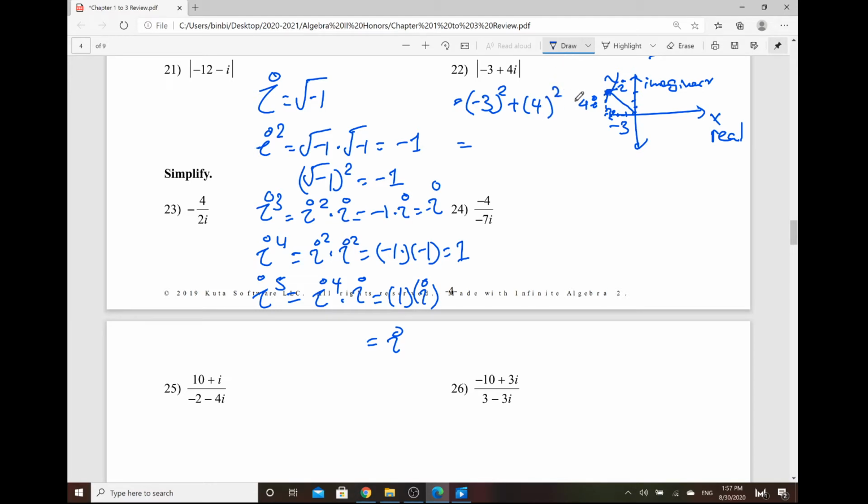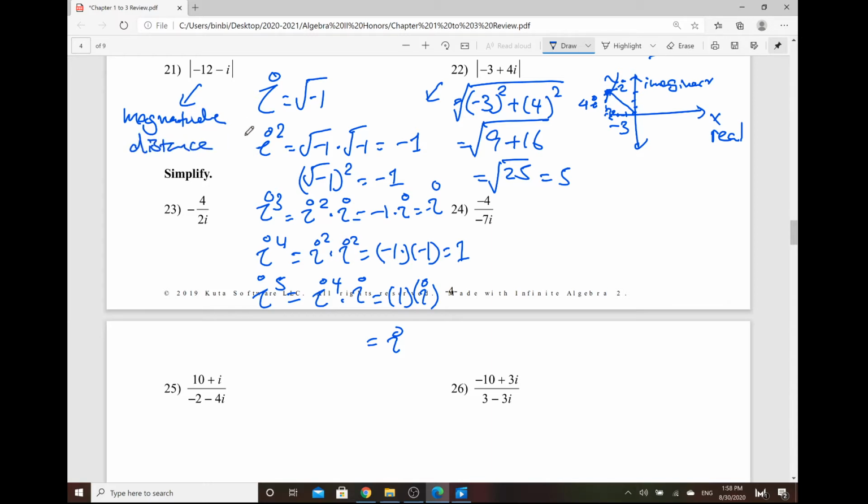So basically just -3 squared plus 4 squared. So 9 plus 16, we have 25. And then the square root of 25 would be 5. Again, anytime you want to find the absolute value of a complex number, that means you want to find the magnitude, or the distance of the ray.